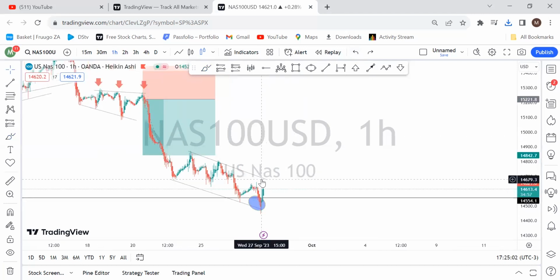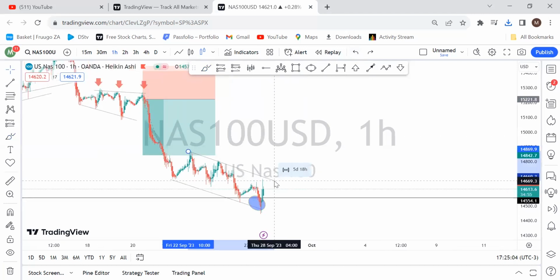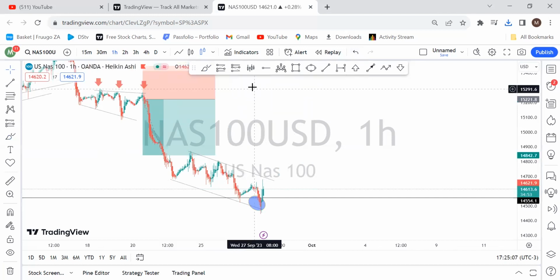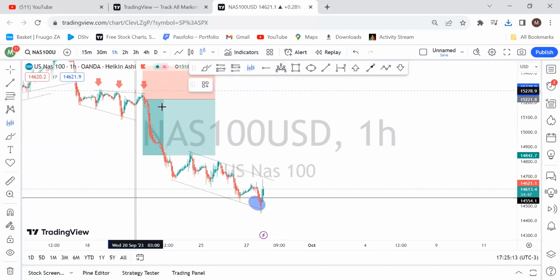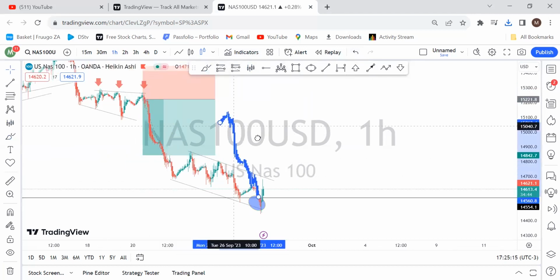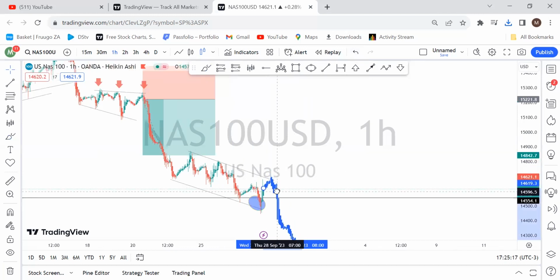But if it does, and you still want to get a setup from NASDAQ, you could wait for the price to get to that resistance, basically like this, and then wait for the price to reject once it touches the trend line to the downside.